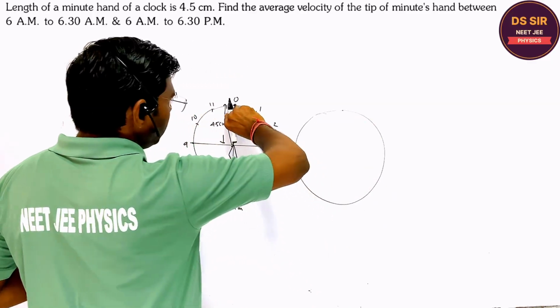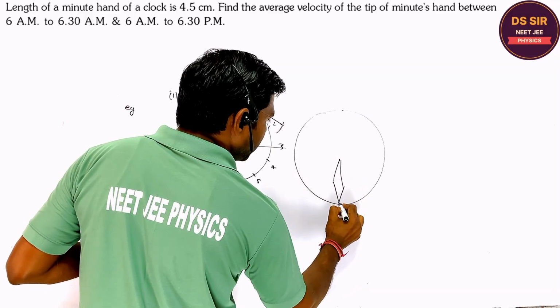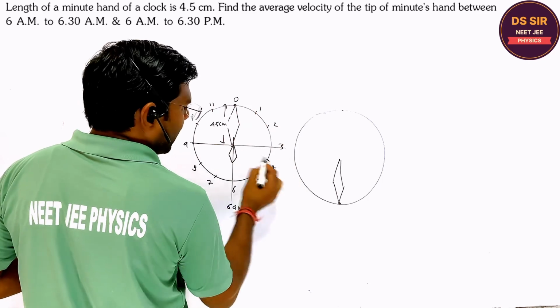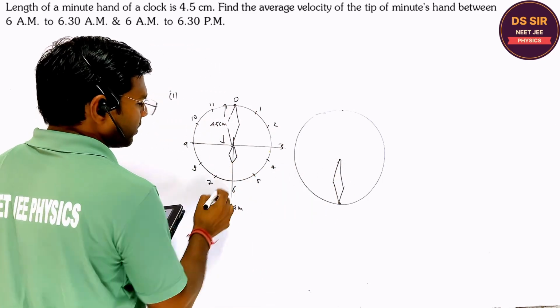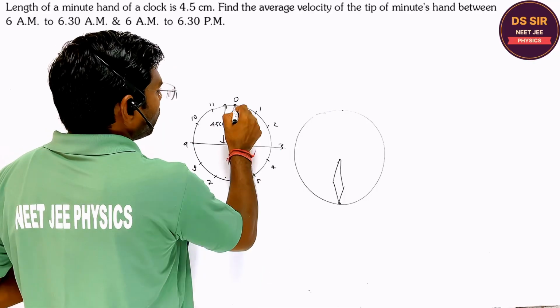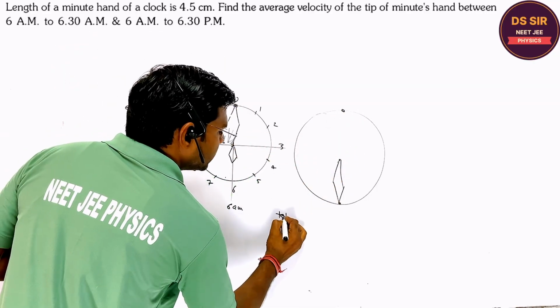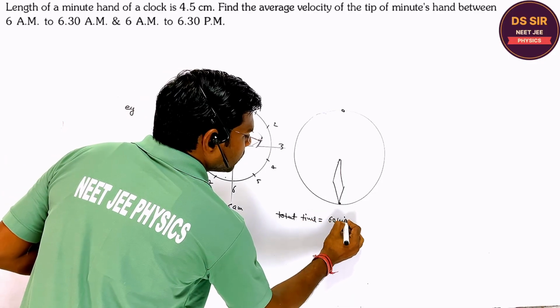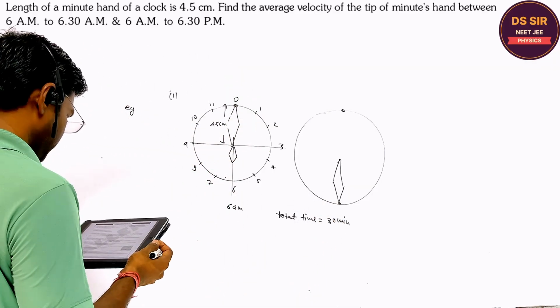The minute hand will turn around 180 degrees, and this point will reach this point, and the end will be like this. Some tilt will be there over here, right? So if you consider the minute hand, what is the total time in this case? First of all, tell me. 60 minutes. Oh, 30 minutes. Right?